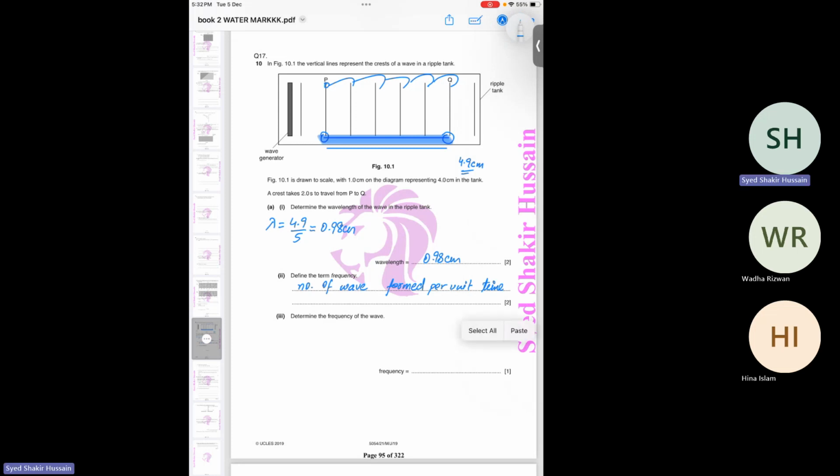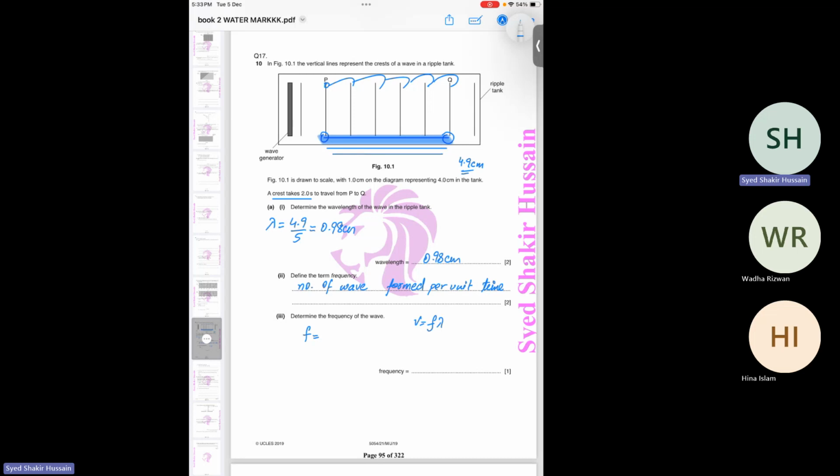All right. Determine the frequency of the wave. If I talk about speed, v is equal to f lambda, right? Now they're asking for frequency. So how do I find frequency? V divided by lambda. They say a crest takes 2 seconds to travel from P to Q. So if a crest takes 2 seconds from P to Q, how many waves are forming there? 5 waves.